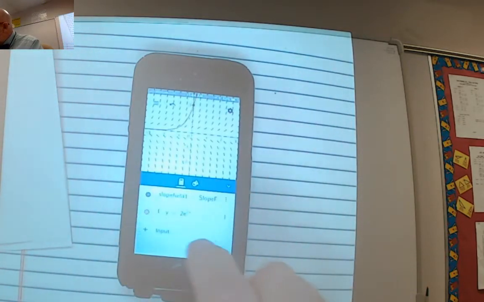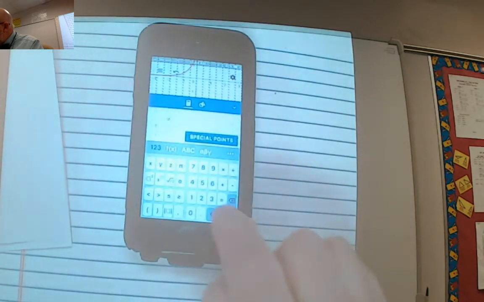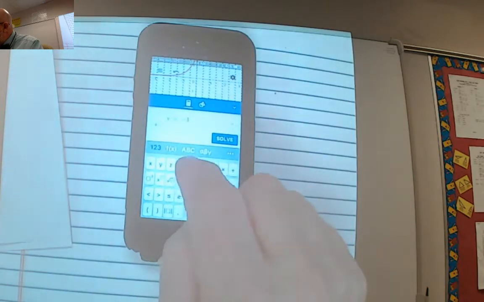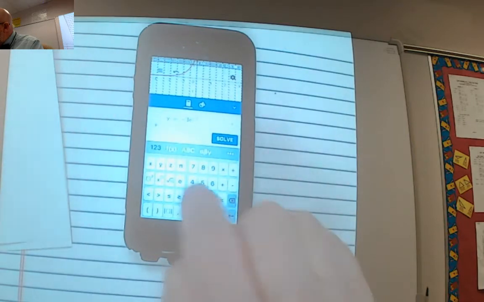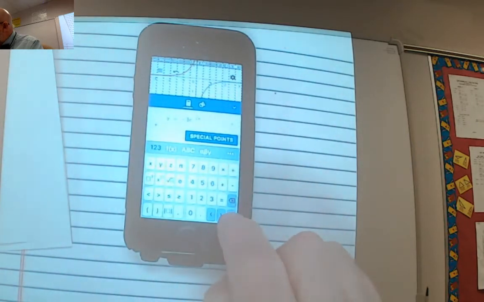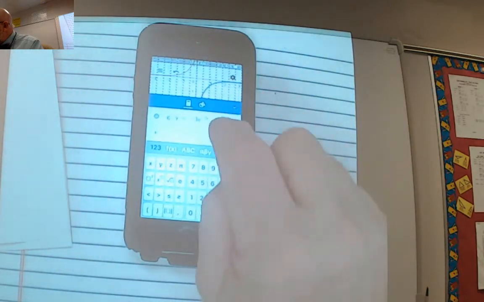I'll put in the other one. Y equals -3e to the -2x. Oh, I did that wrong, didn't I?